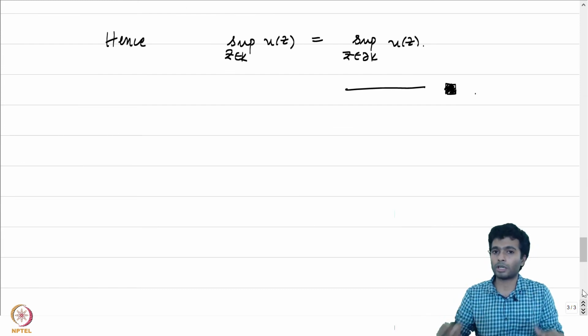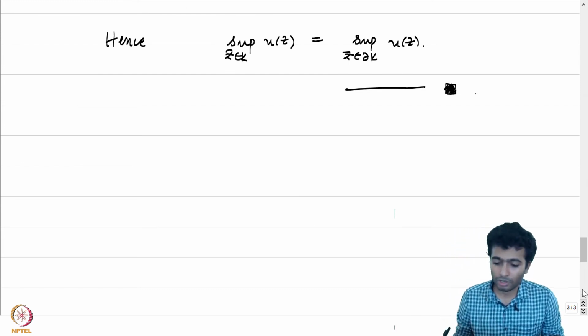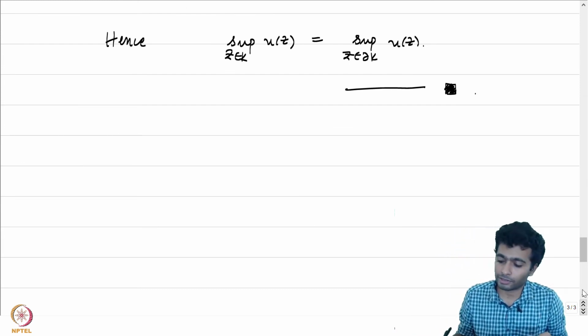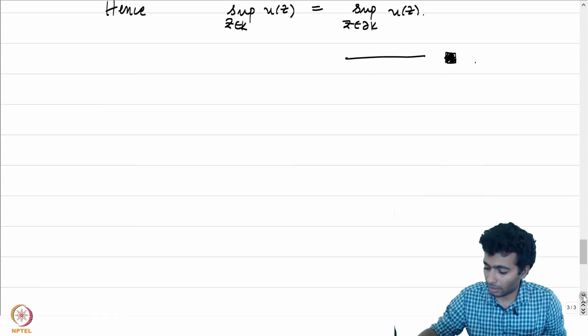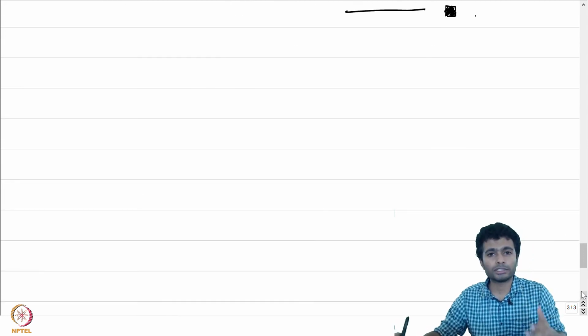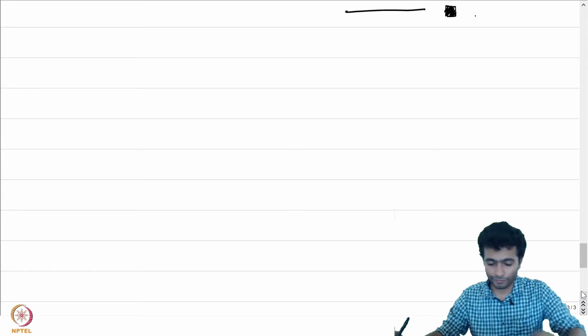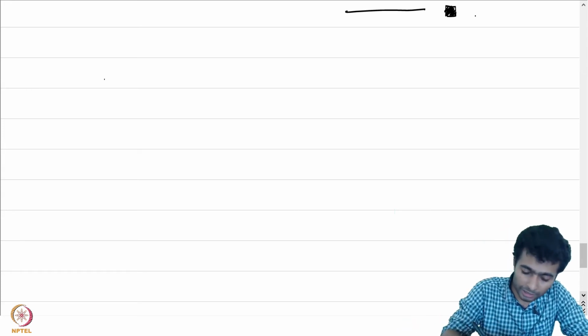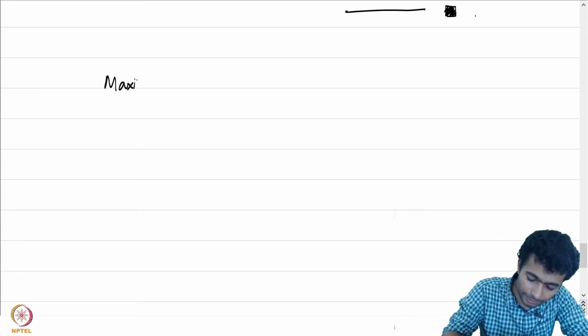So this is about harmonic functions, real valued harmonic functions. And as a consequence of this, we can also say something about the holomorphic functions. Let's now give a maximum principle for holomorphic functions.